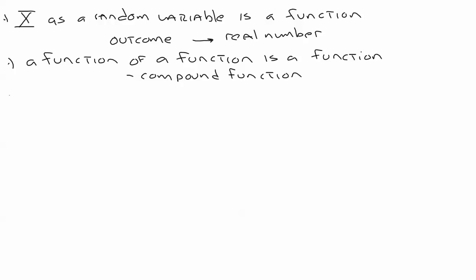And since a random variable is a function, a function of a random variable is another random variable. If a random variable is a function that assigns outcomes of a chance experiment to a real number, and a function of a function is a function, then a function of a random variable is another random variable.